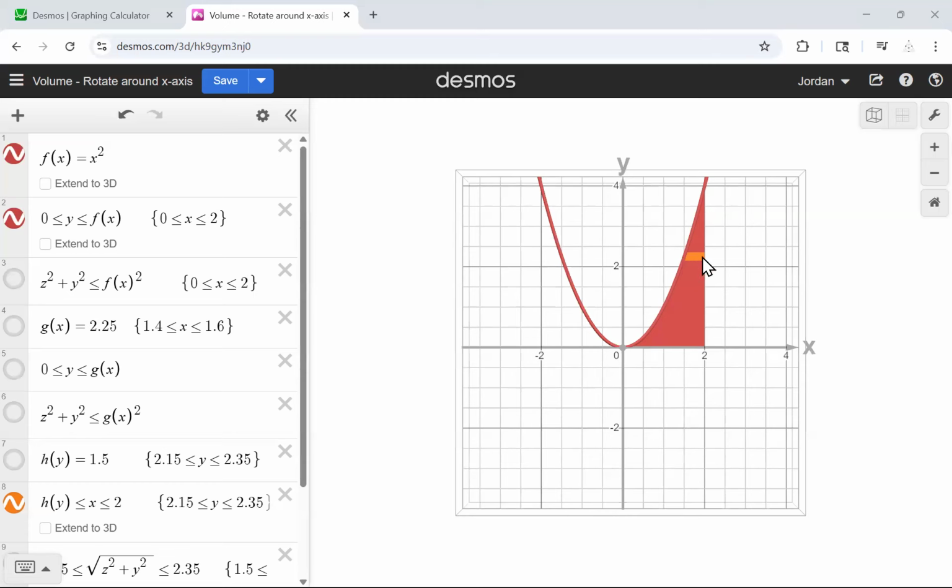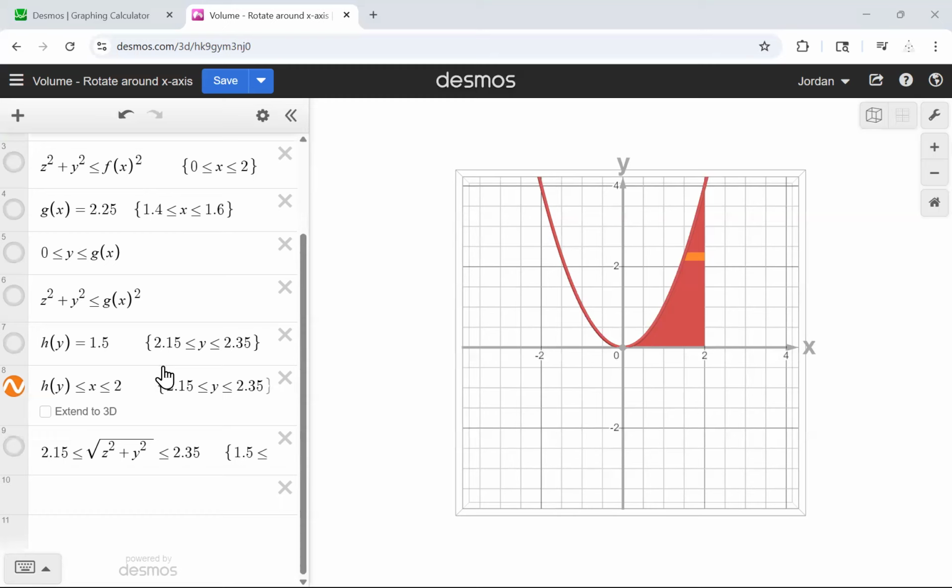So the rectangle's height, in this case, that's just a little bit over 2, down to the line I'm rotating, that's down to a y value of 0. And then the height of the cylinder is going to be the length of this rectangle. So the length of this rectangle is going to be the height of the tube. So from right to left on this tube here.